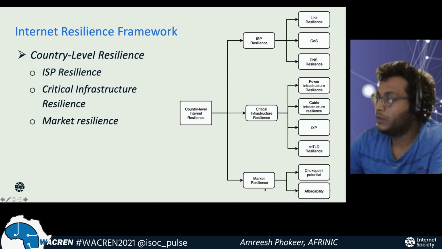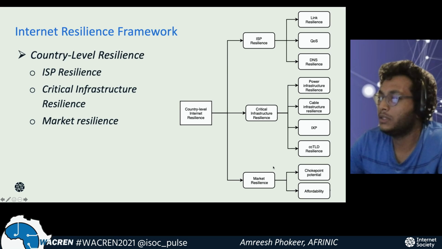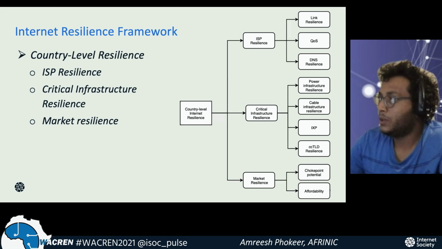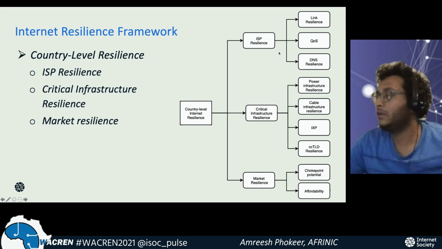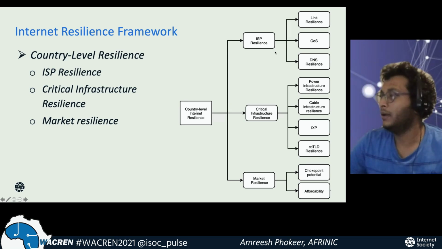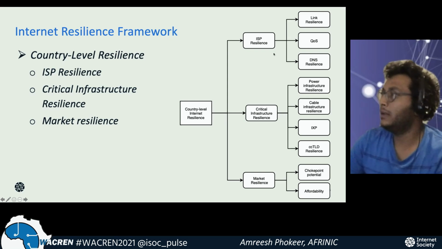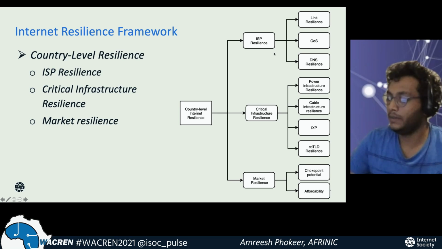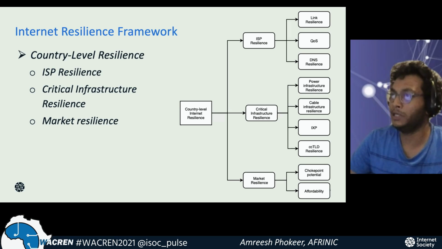And of course, we cannot talk about resilience if we are not factoring in market resilience. How is the market structured? Is it equitable? Are people in remote places having access to the internet? And so on and so forth. All these subcategories of resilience have their own set of metrics that we will have to dig into and build indicators from, to arrive at a final indicator, which would be the Internet Resilience Index.